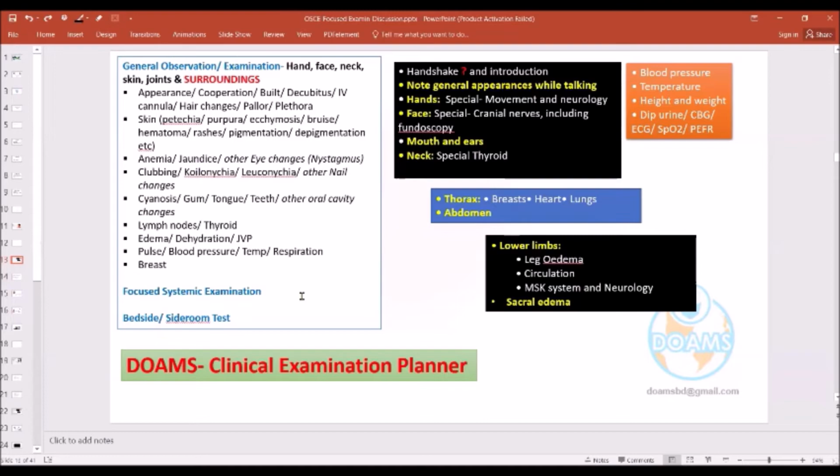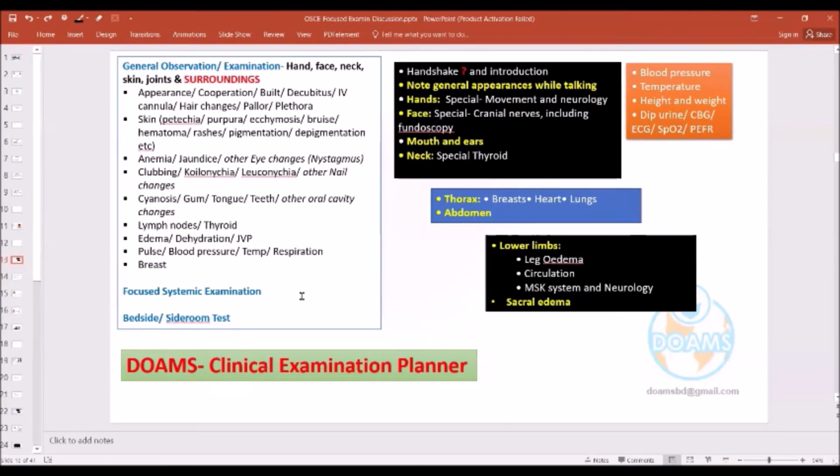Possible? Maybe. Then the patient will have breathlessness, right? Sweating. Pulse we already described, arrhythmia and others. Blood pressure may fall as a vital sign. Temperature may be raised.